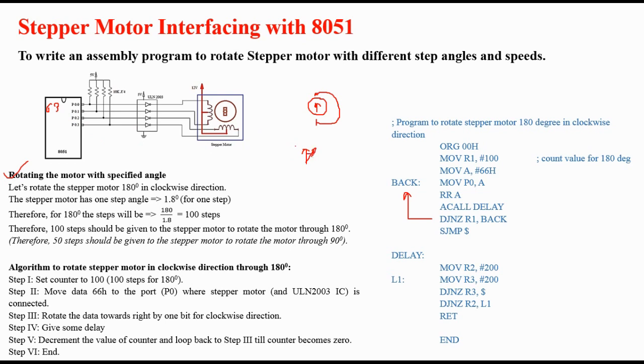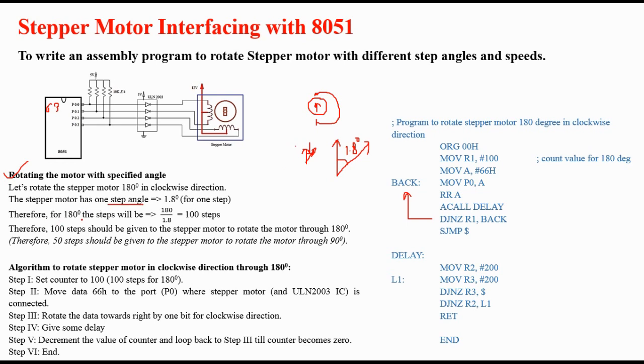If I draw it in a simple manner, this will be 1.8 degrees. This is not to the scale basically. To get an idea, the motor shaft will get rotated towards right at 1.8 degrees. So this is the step angle.